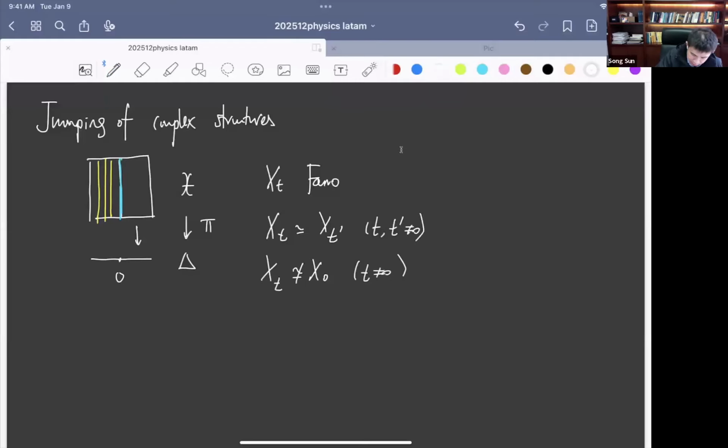So this implies that we fix X as a differentiable manifold, a smooth manifold.